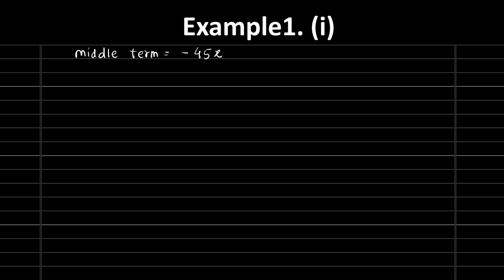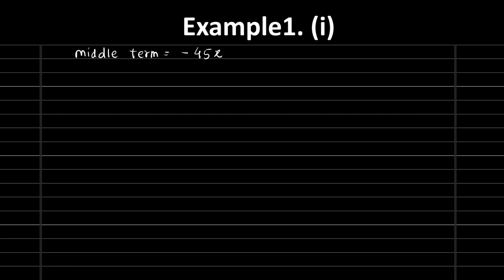So we will try to frame two terms whose addition is minus 45X and whose multiplication is equal to 324X square.